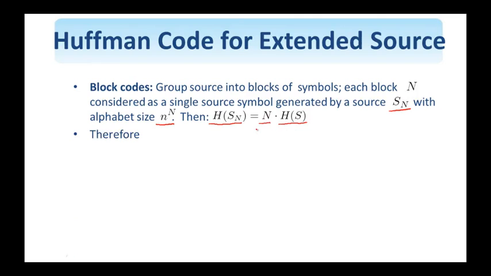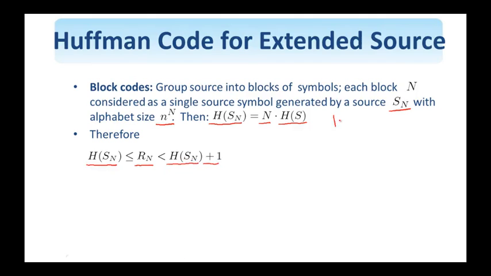So based on this, when I consider the extended source, we know that this expression holds true, that I mentioned a slide ago. The rate of the extended source is between the entropy of the extended source and entropy plus 1 as an upper bound.